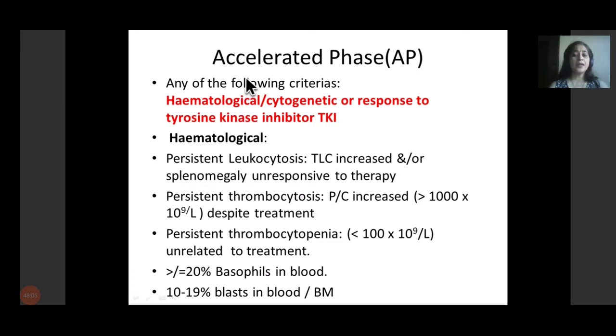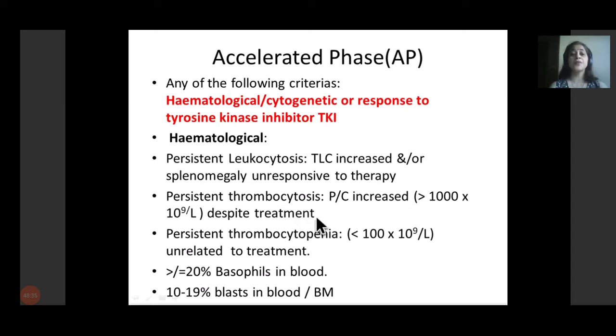Now the next phase is AP, and that is the accelerated phase. Any of the following criteria are to be used: hematological, cytogenetic, or responsiveness to tyrosine kinase inhibitors. In the hematological markers, we have persistent leukocytosis, where the count is increased, and or splenomegaly, which is unresponsive to therapy, and persistent thrombocytosis, where the platelet count is more than 10 lakhs, or 1000 times 10 to the power 9 per liter, despite the treatment.